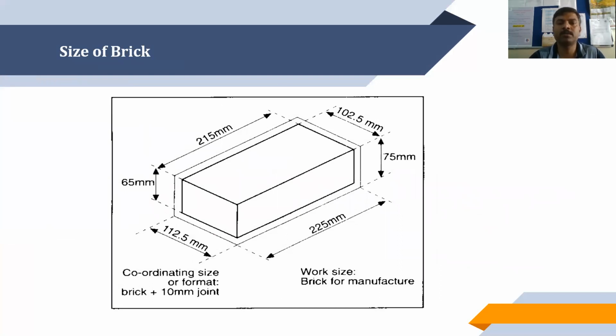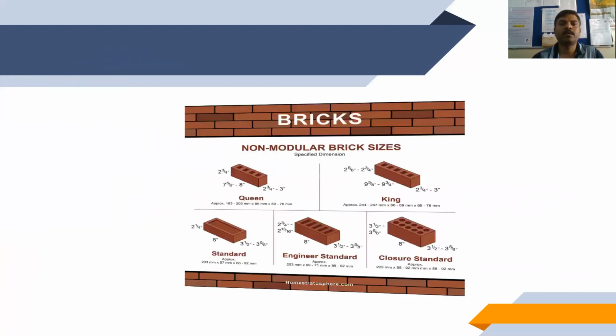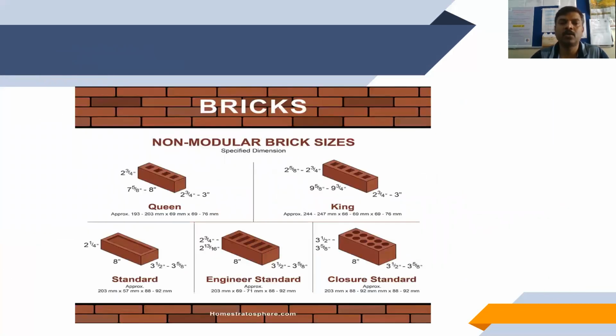A brick has the following dimensions as mentioned in the figure. Once again, the non-modular brick size, engineer standards, and closure standards. These are some more types of bricks for specific purposes only.